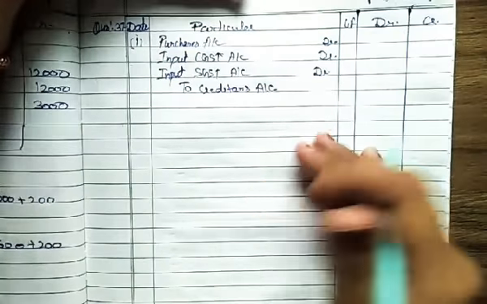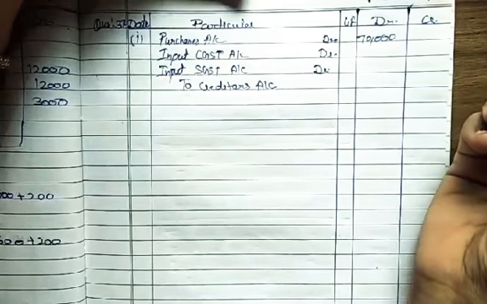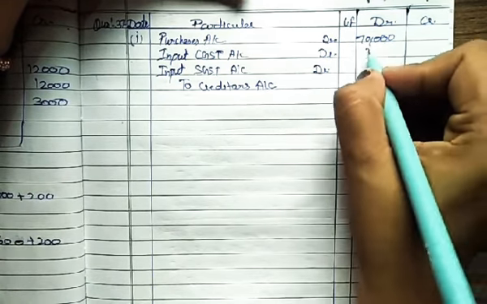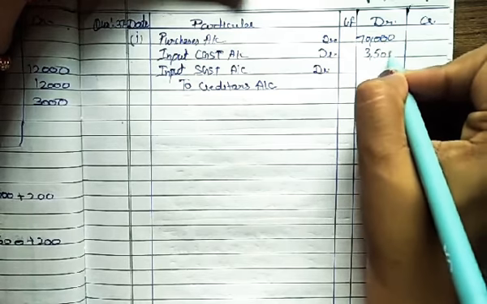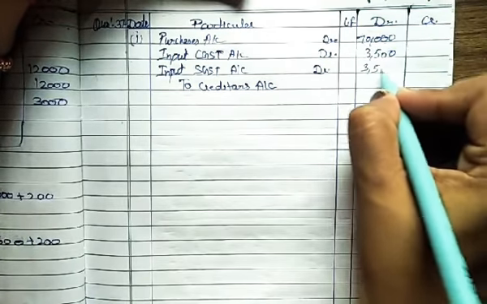Okay, so purchases of rupees 70,000, GST rate is students 5%. So 5% of 70,000 is 3,500, and SGST rate is also same, it is also 3,500.